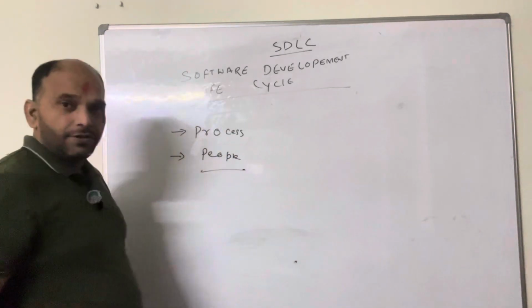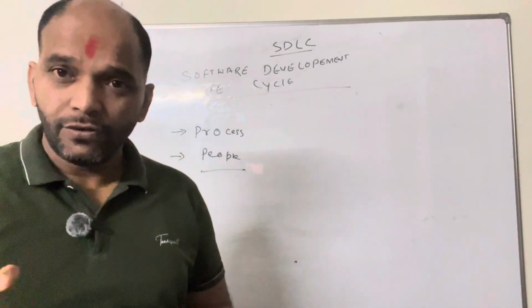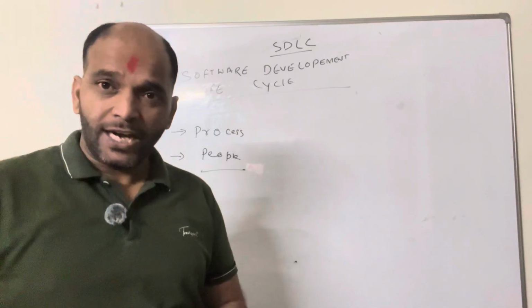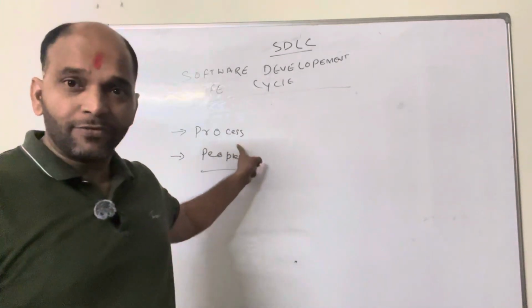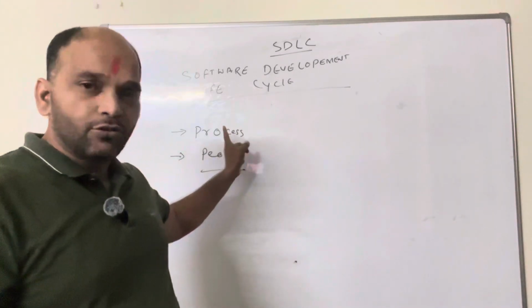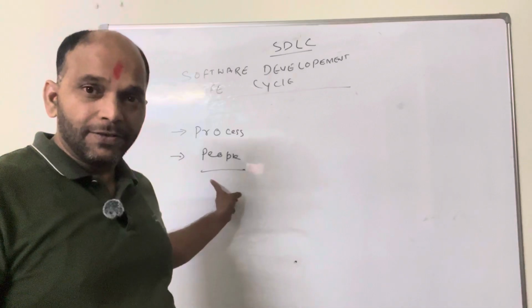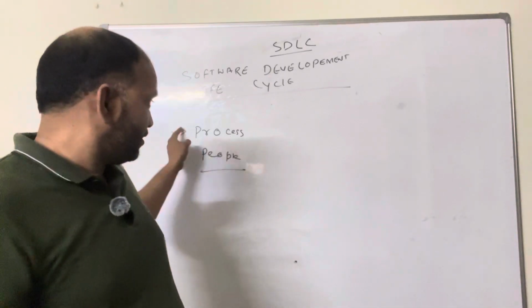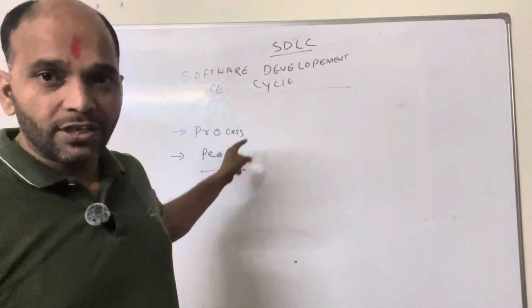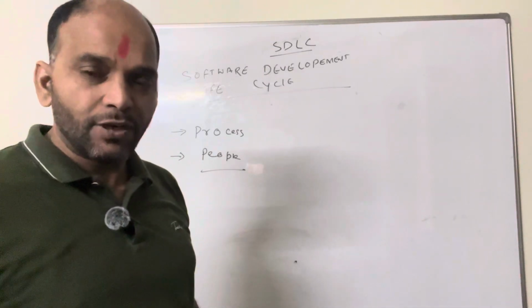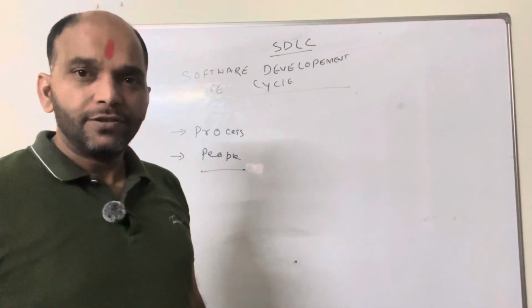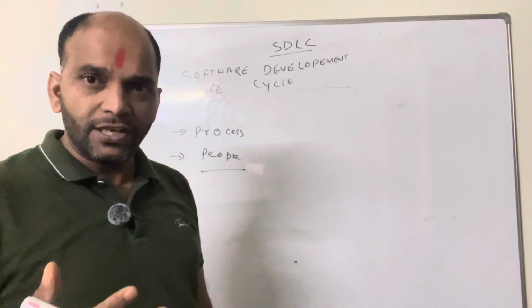To start and finish a task, you have a set of processes that you have to follow, and to follow those processes you need people. So we will see these two things throughout our software development life cycle: what is the process and who are the people responsible for executing a particular task.